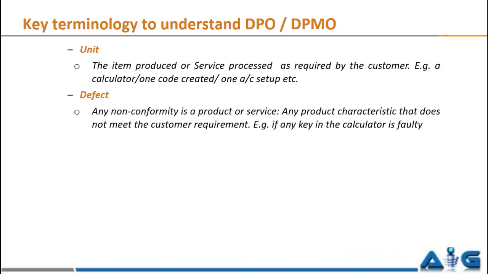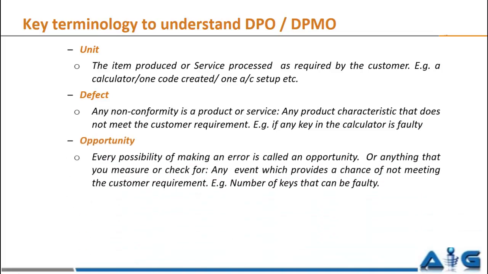Defect would mean any non-conformity in a product or service, any product characteristic that does not meet the customer requirement. So if you are doing an account setup and you've made a small typo error, that could mean a defect. If you are selling a calculator and if one of the keys of the calculator is faulty, that's a defect.